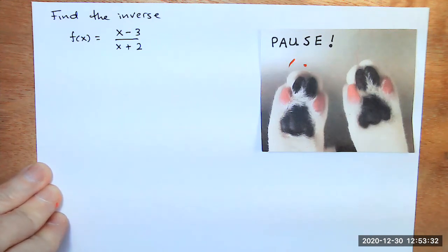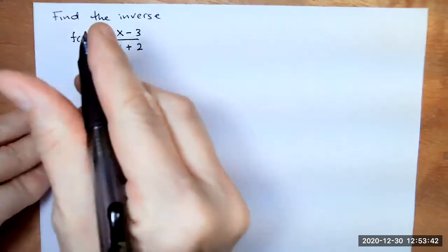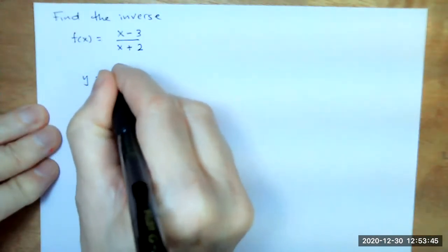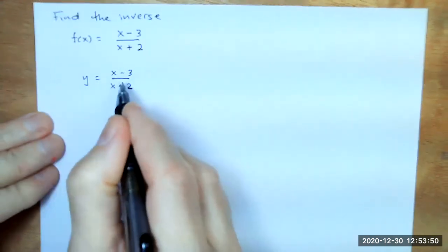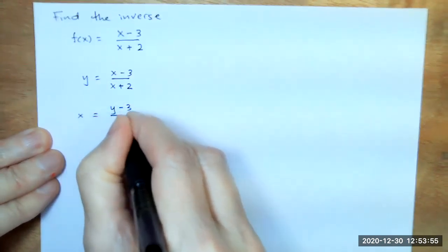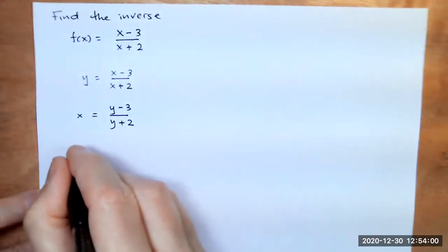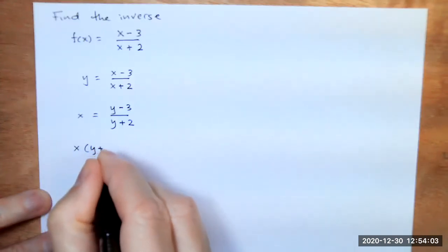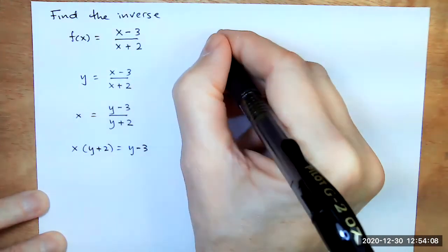All right, let's try just one more time. And I would definitely do this one on your own now that we've practiced. All right. So we put the y where you see f of x. Switch x and y. Multiply both sides by y plus 2. And distribute the x.